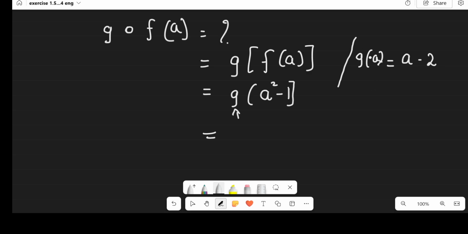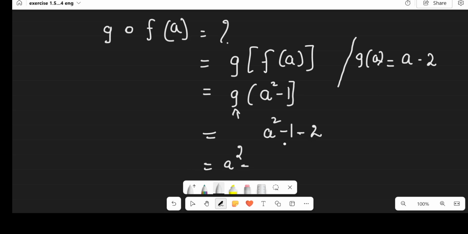So in this function, in this formula, we should apply a square minus 1 in place of a. Okay. Then a minus 2. What is a here? A square minus 1, right? And then this minus 2. So now what will we be getting?